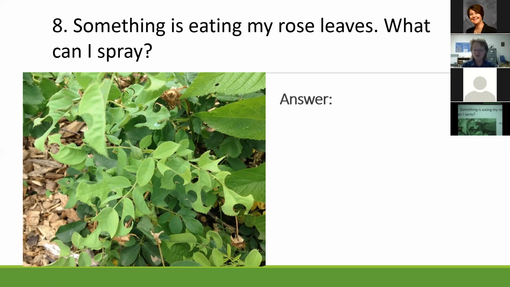A lot of times, they're focusing on all those leaves on the ground, and when you look up at the tree there's still plenty of green foliage. Those damaged leaves are still photosynthesizing and still producing food for the plant. So we don't want to be applying an insecticide in this case because we want to be protecting our pollinators.